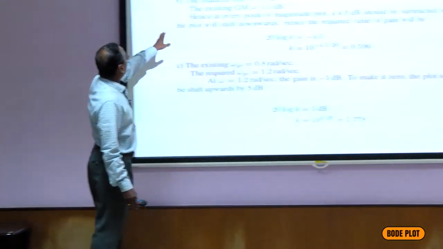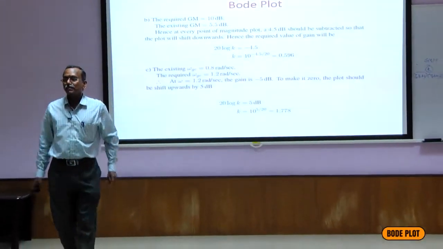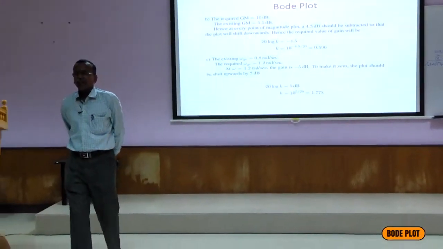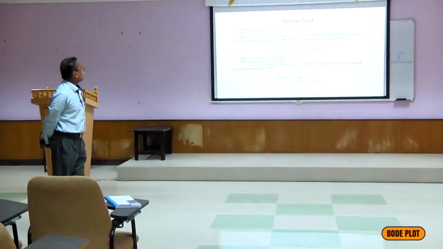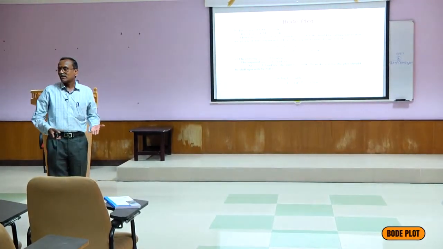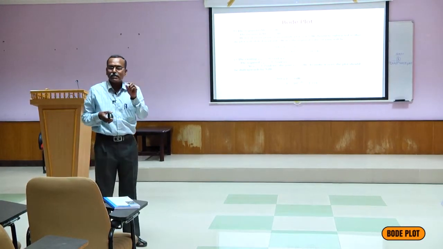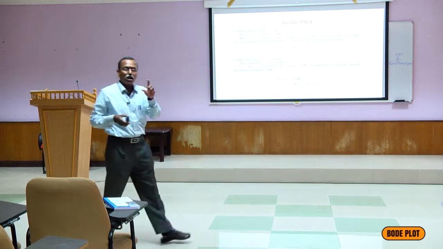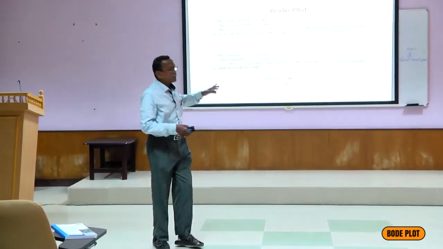Next, the required gain margin is 10 dB. Existing gain margin is 5.5. The question is find the value of K so that the required gain margin is 10 dB. I have to increase the gain margin to 10. So how much gain margin is short? 4.5. So 20 log K equal to minus 4.5.